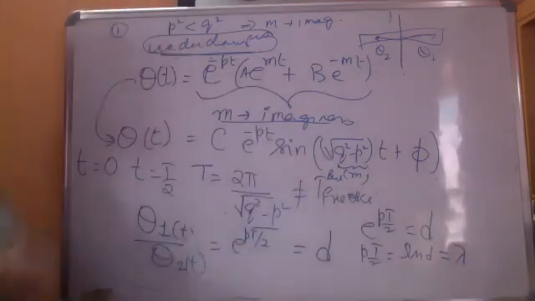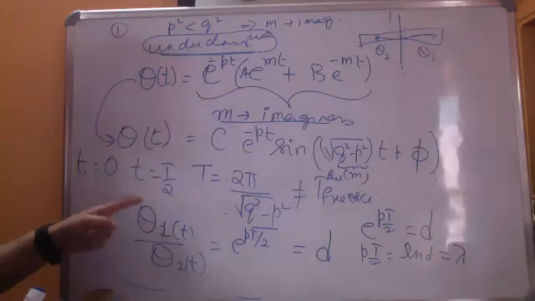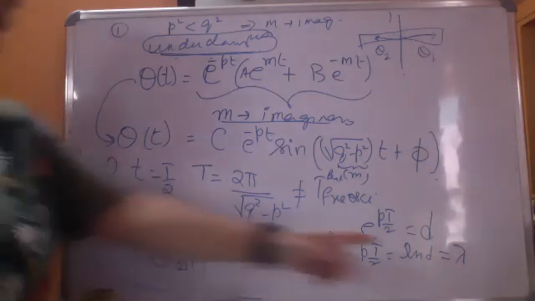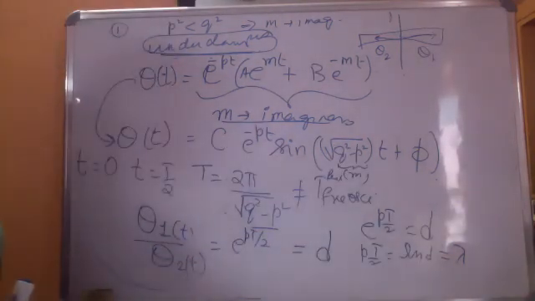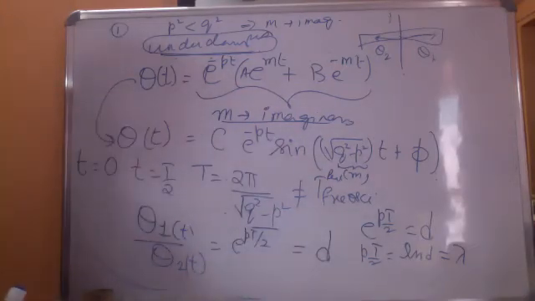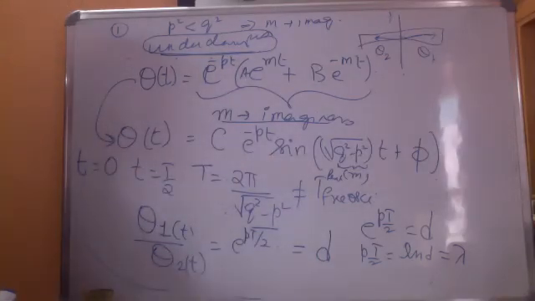Lambda, on the other hand, on the right hand side, is something that I can determine experimentally. Why? Because the way I have defined it, it's the ratio of theta 1 to theta 2. Theta 1 and theta 2 are quantities that I can observe experimentally. So lambda is a quantity that I can actually measure experimentally. On the left hand side, I have something which is a characteristic of my galvanometer.